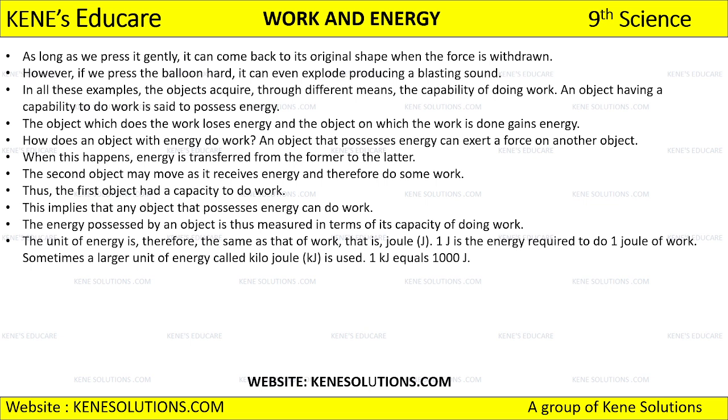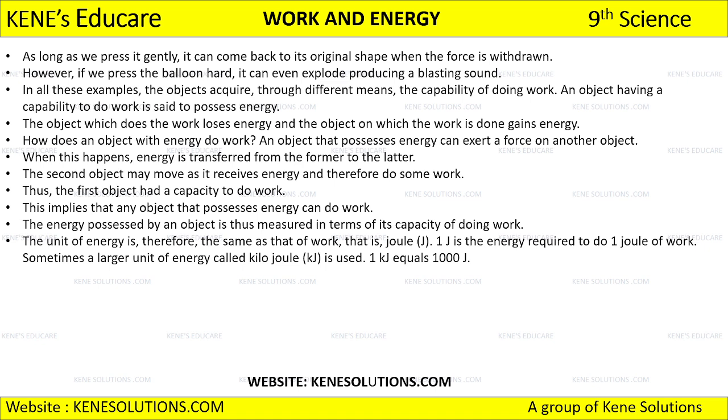So the second object may move as it receives energy and therefore do some work, and that is why the first object had a capacity to do work. Okay, and this implies that any object that possesses energy can do work. Like if I have energy in myself, then I can do work.